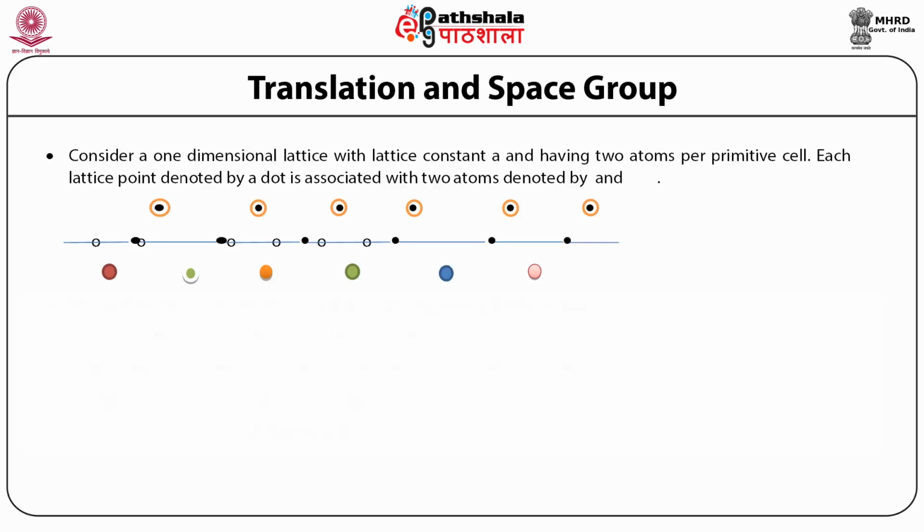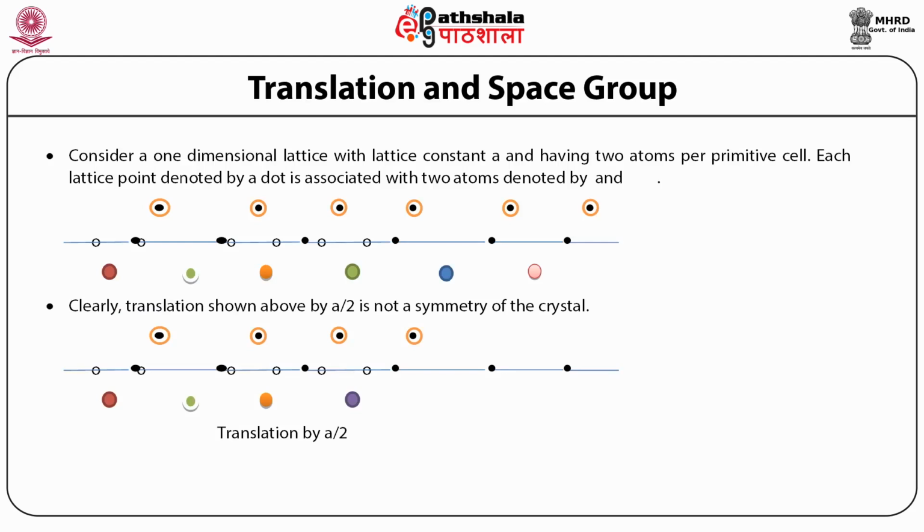Now, if I translate by A by 2, then you can see that, because this is a complex crystal system which has two atoms per primitive cell, the translation by A by 2 is not a symmetry of the crystal. It changes the symmetry.